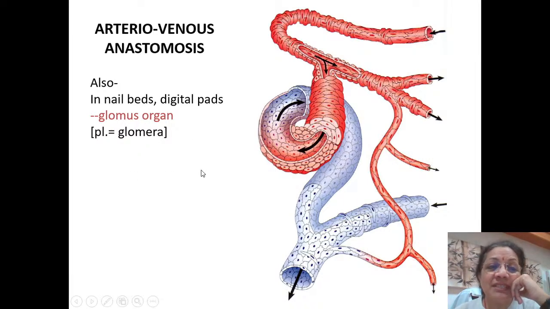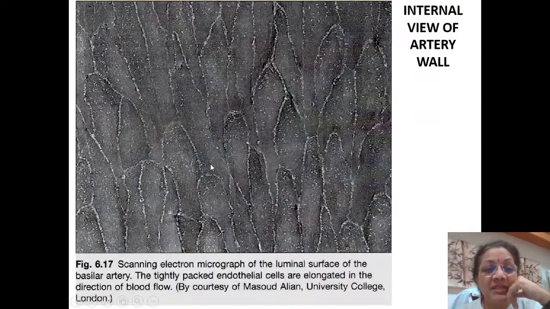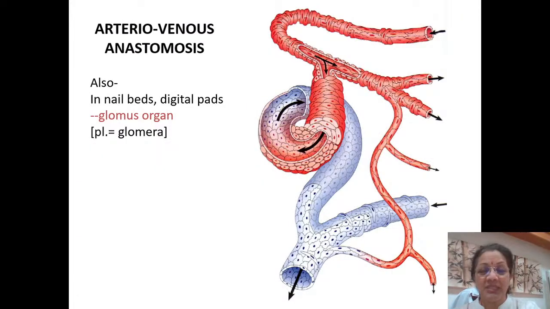The point is that these AV anastomosis exist for us in certain places, and the function is that you can shunt off the blood from arterial to venous without allowing it to fill up the peripheral channels. Very importantly, utilized as a heat saving mechanism, thermoregulation, because they are all present in the integumentary system areas.